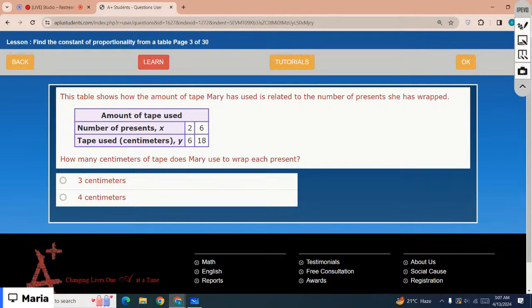The correct option is 3 centimeters. Option number 1 is the correct option, 3 centimeters it is.